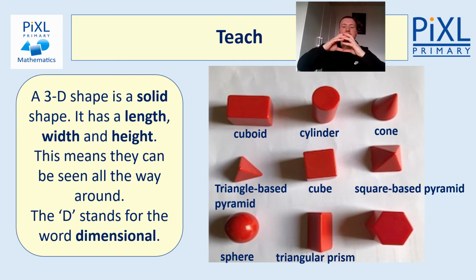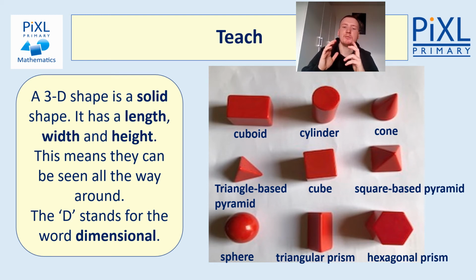So it's just a triangle that's been extended to make a solid shape, a 3D shape. And then we have a hexagonal prism, which is just the same as the triangular prism. It's a hexagon that's been extended into a 3D shape, a solid shape. So well done. If anyone got some Wow Dojos on there, I will be very, very impressed.